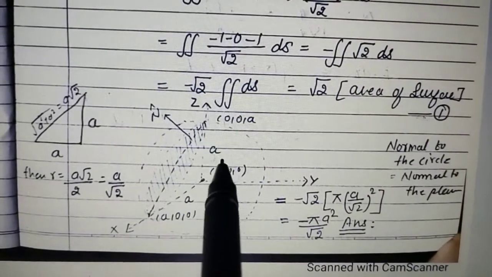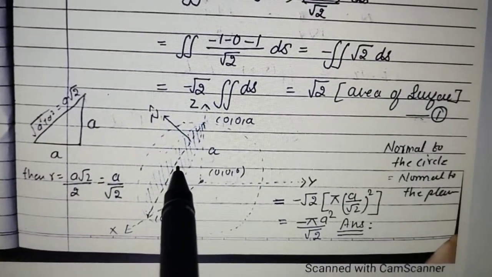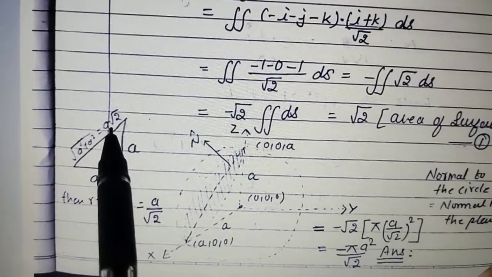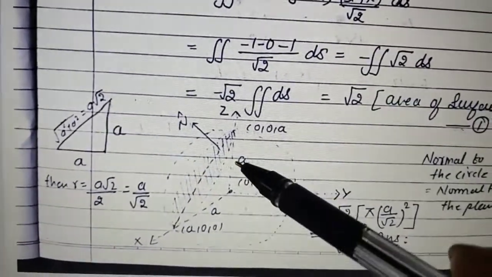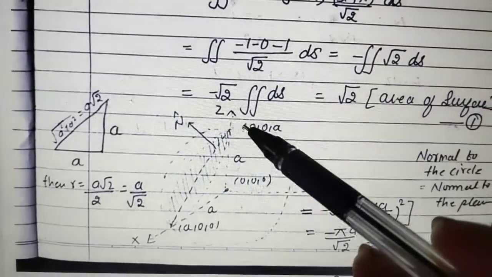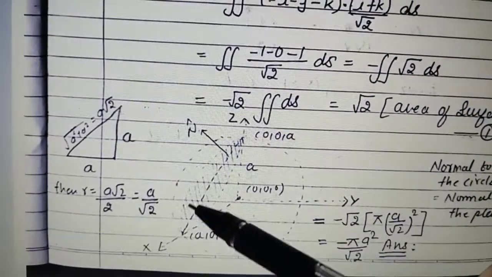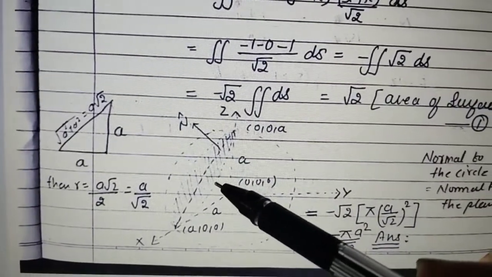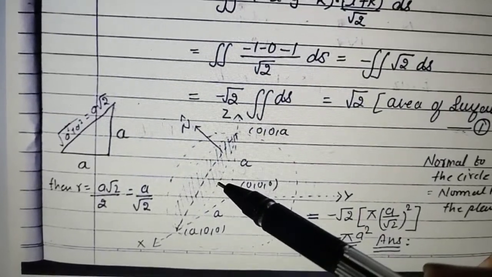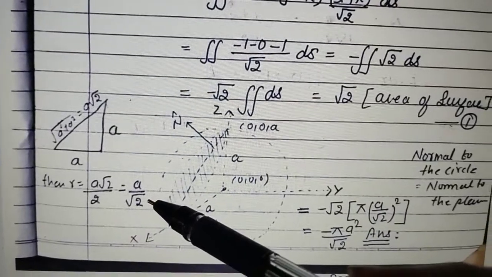If this is a, this is a, what is the value of this line? This line value is a root 2. See here, the plane cuts the surface, and this is the diameter of the circle. So what is the radius of the circle? a root 2 by 2, which is equal to a upon root 2.